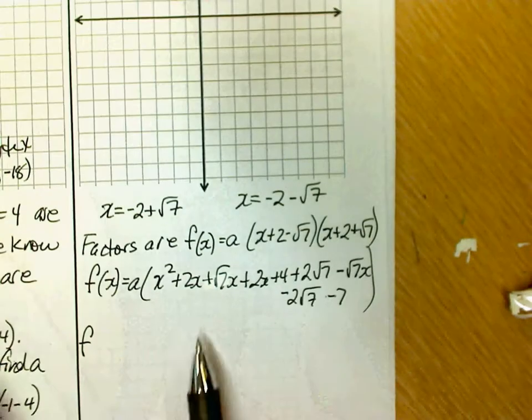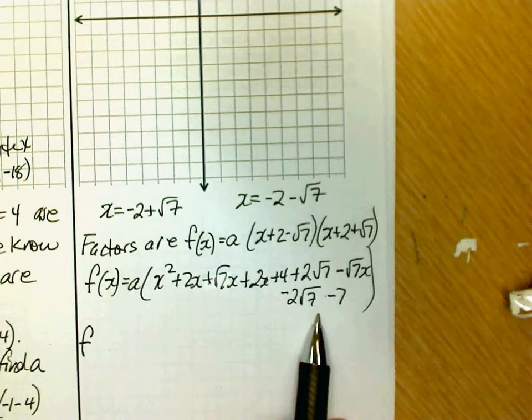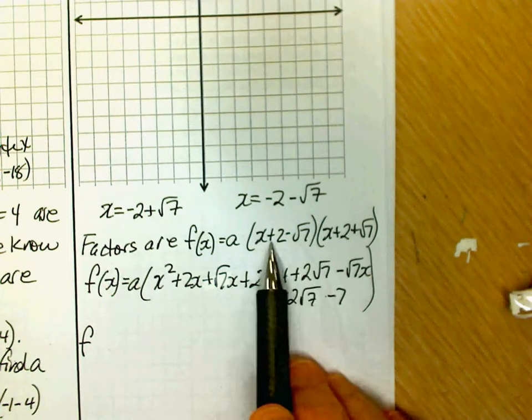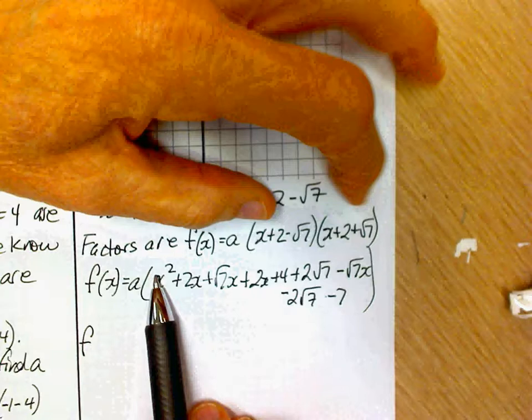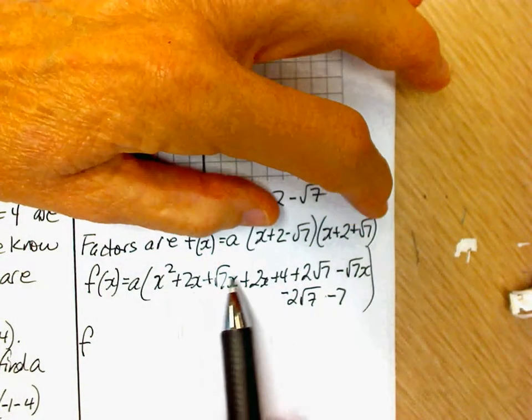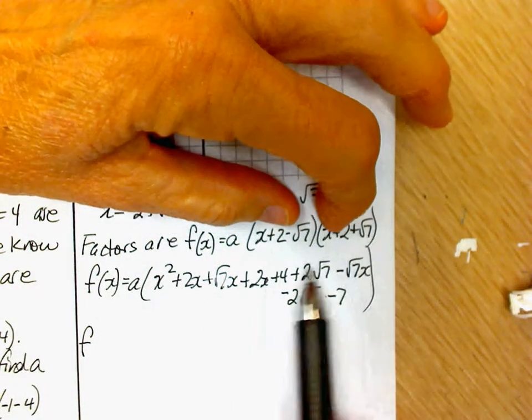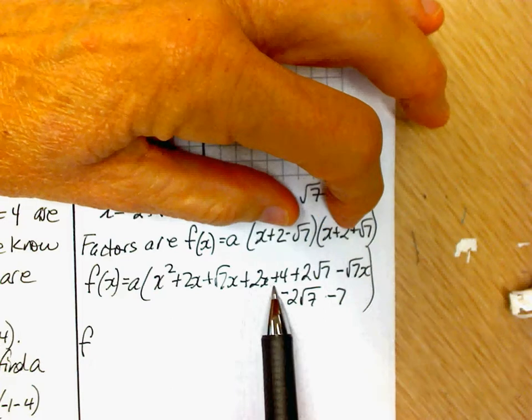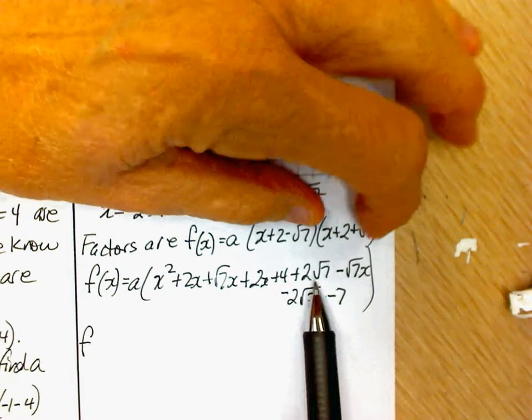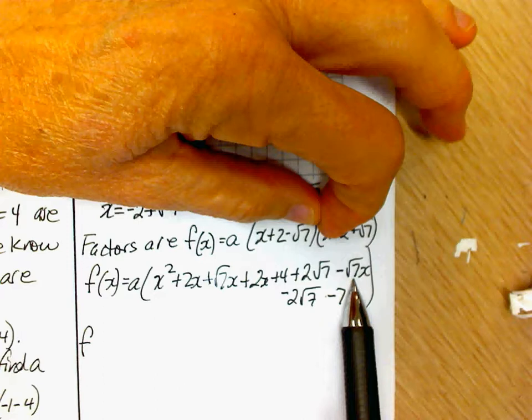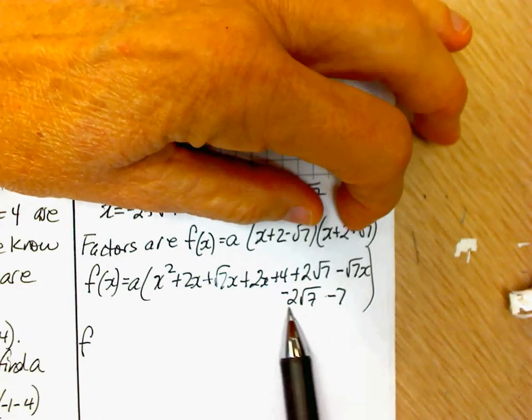Would you like me to do that again? x times x, x squared. x times 2 is 2x, x times √7 is √7x. And 2 times everything: 2x plus 4 plus 2√7. Then minus √7x minus 2√7. There.